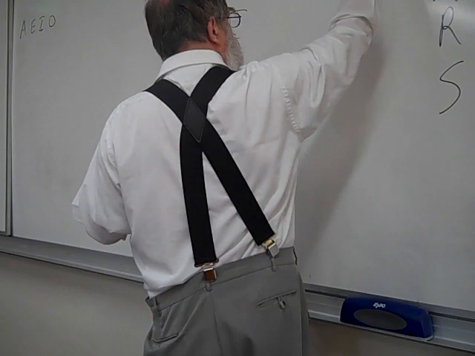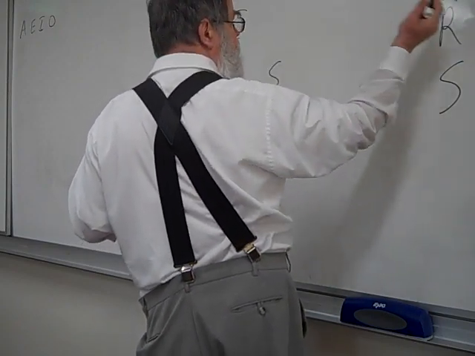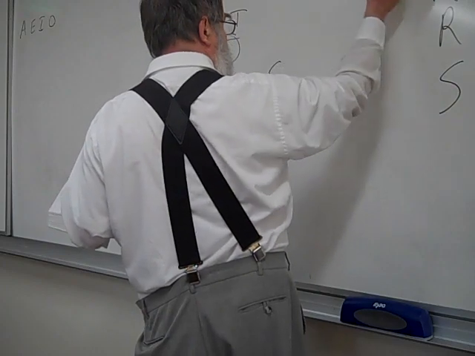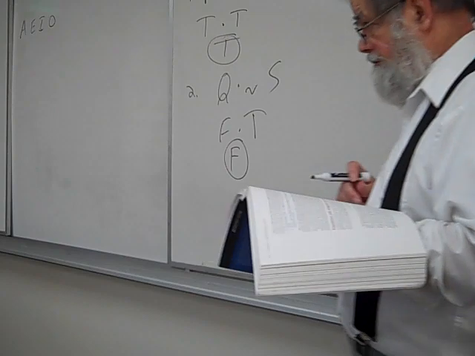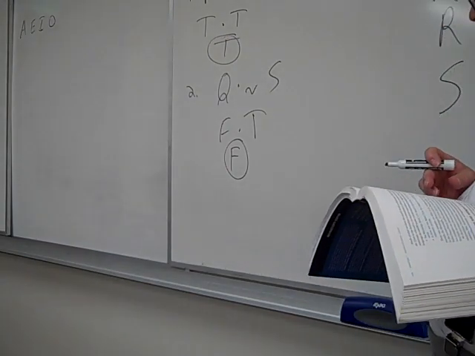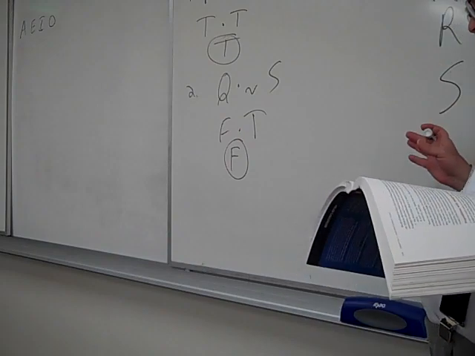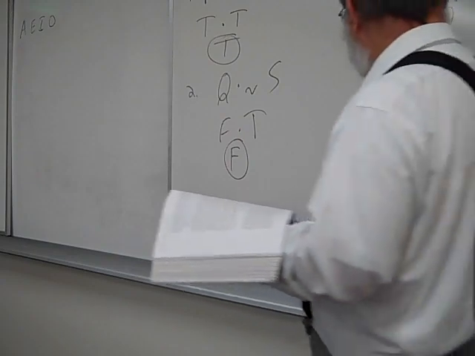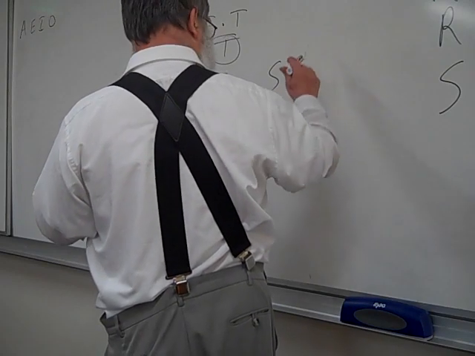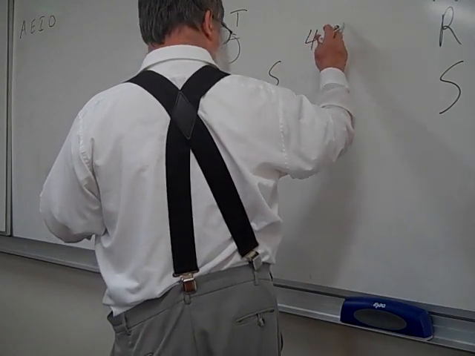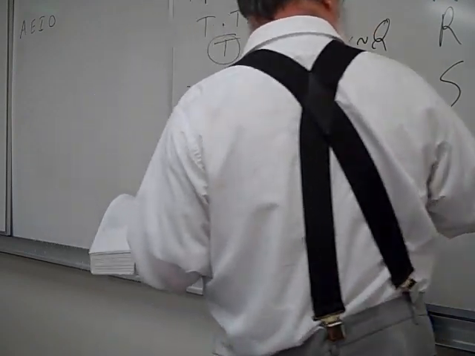P then Q. So P is true, and Q is false. So true then false, that would be false. Remember, the only time that a conditional statement is false is when the left side is true and the right side is false. S or not Q. Number 4.